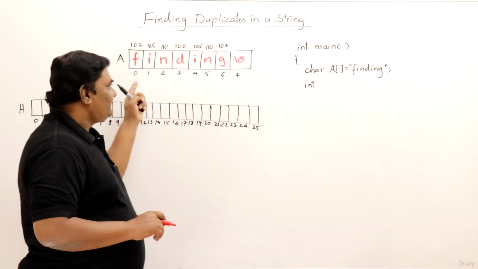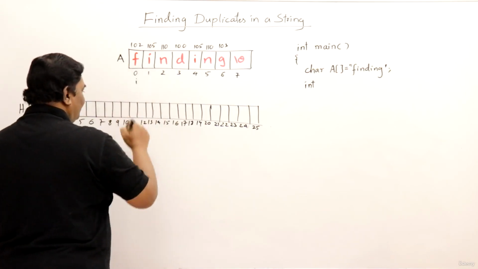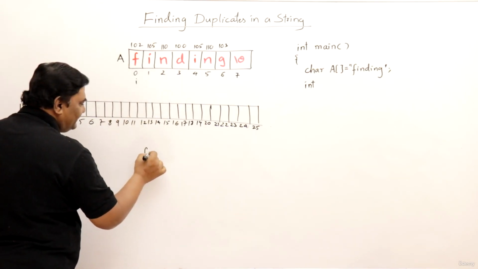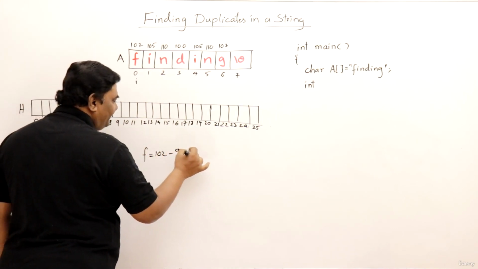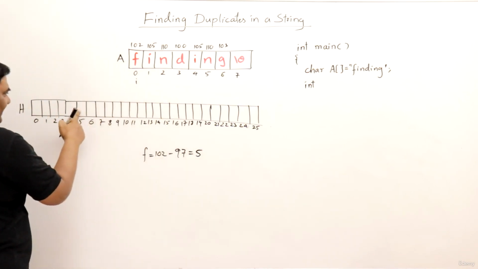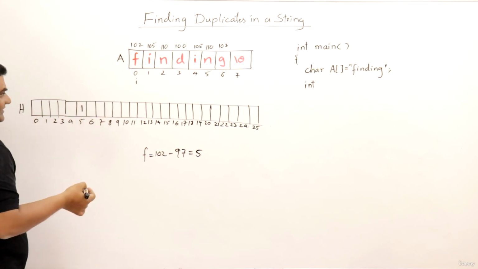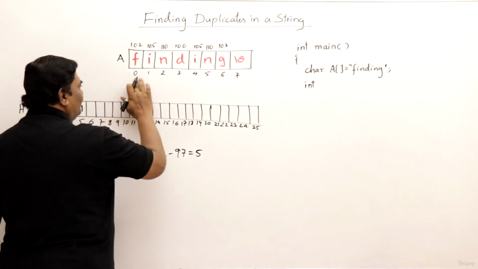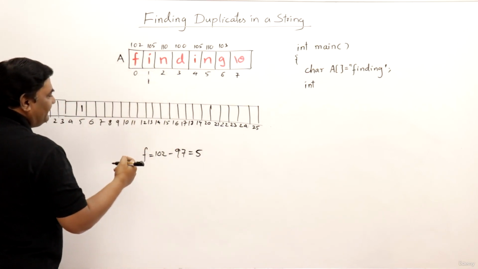Alright. Now let us scan through this string. First alphabet, F. The ASCII code of F is 102, right? Minus 97, this is 5. So go to index 5, and it is already 0, just increment it. So it is 1. Then move to the next alphabet, I. This is 105.